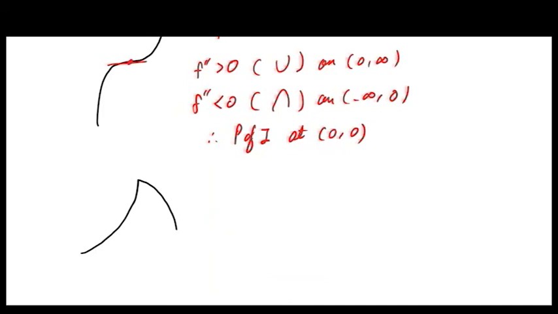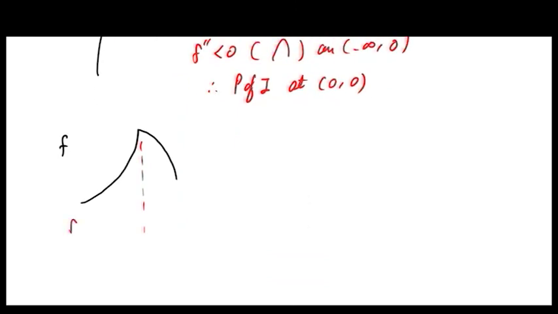Say our function looks like this. Let's take this thing apart. f prime of x, is it positive here? f prime of x, is it negative here? So this is a maximum at the moment.